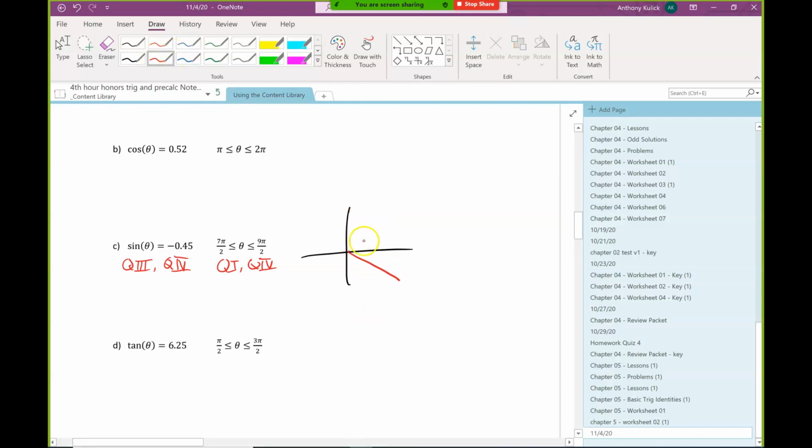That's 4 pi. Oops. Oh, wait a minute, sorry. So that's 2 pi. This is 3.5, 0.5, right? Just turning them into decimals so it's a little bit easier to see what I'm about to do. So I'm at 2 pi. I'm at 3 pi. I'm past 3.5, right? So that must be my answer. Where my answer is, okay? You good with that?